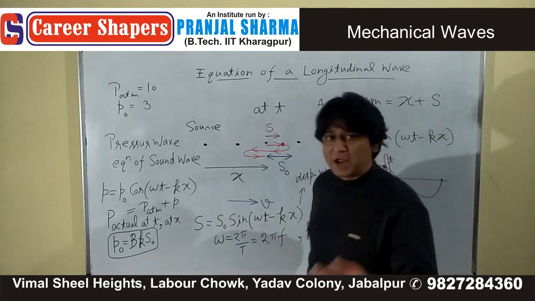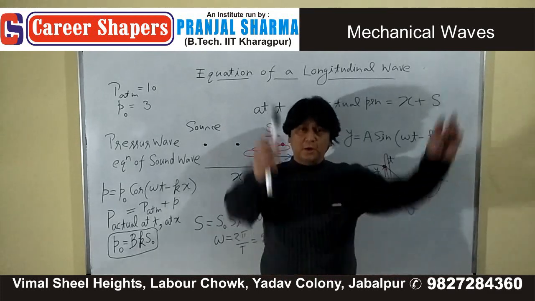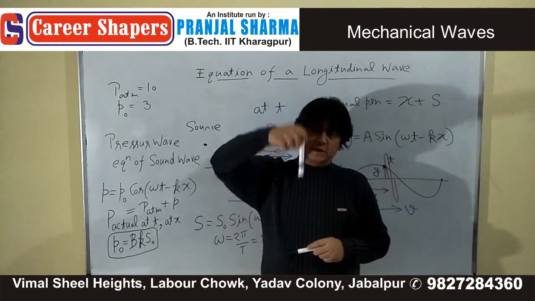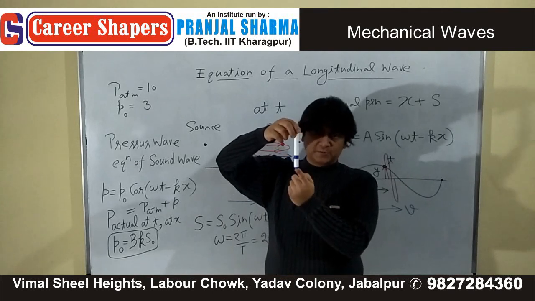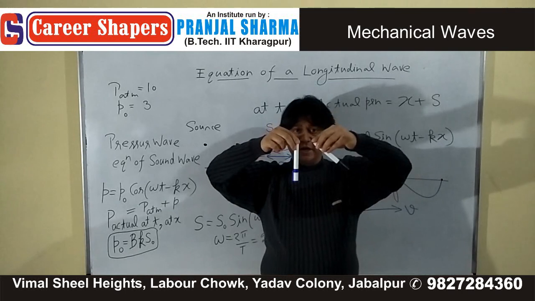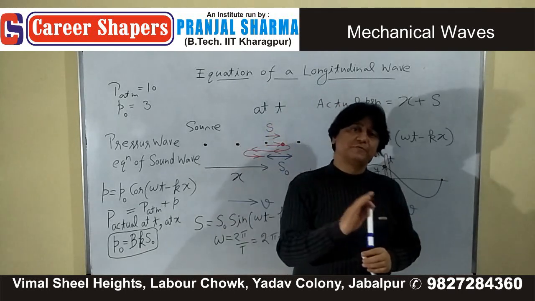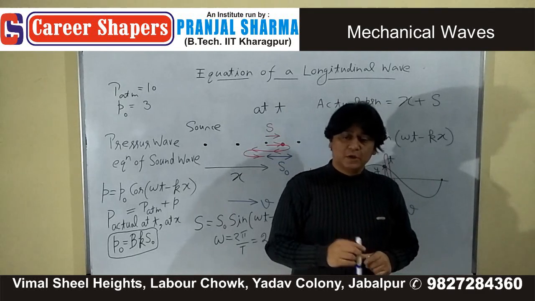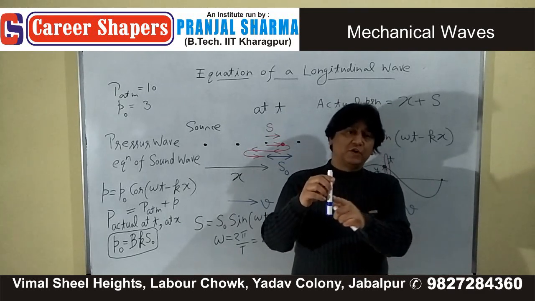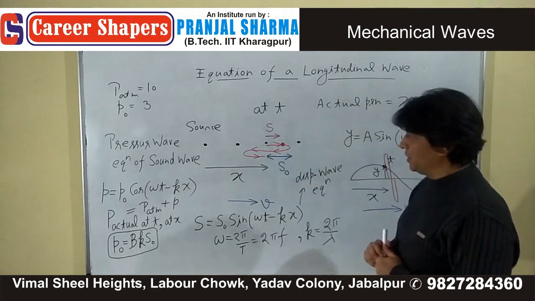What is the meaning of pi by 2? Let's try to understand this. Pi by 2 means if an oscillator is present over here and another oscillator is at the amplitude, we say that there is a phase difference of pi by 2. Something at the mean position and the other thing at the amplitude, that is called a phase difference of pi by 2.